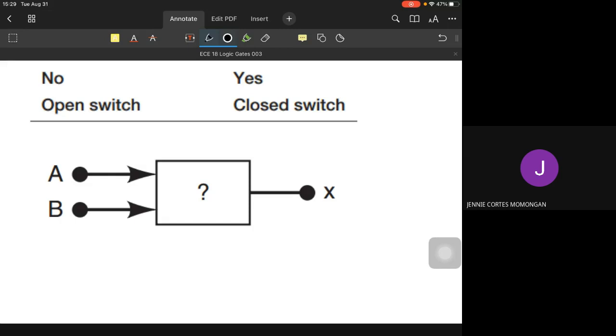So for a two-input system, A and B, and output X, we don't yet know the possible values for X. It depends on the system. We can't give an example of the values for X at this time.